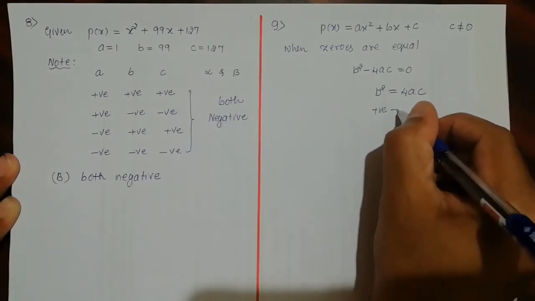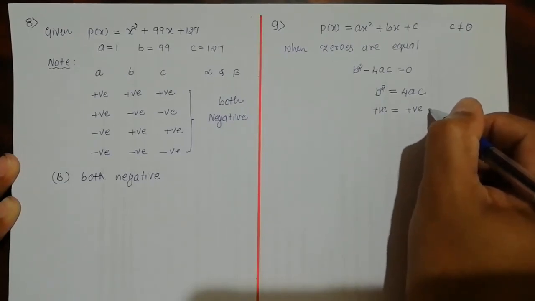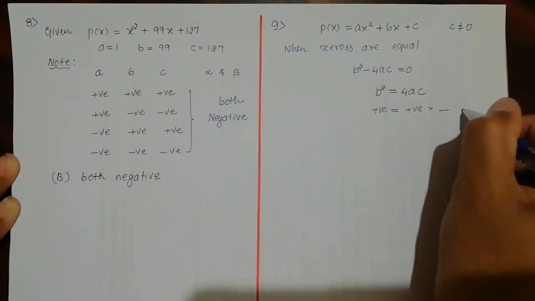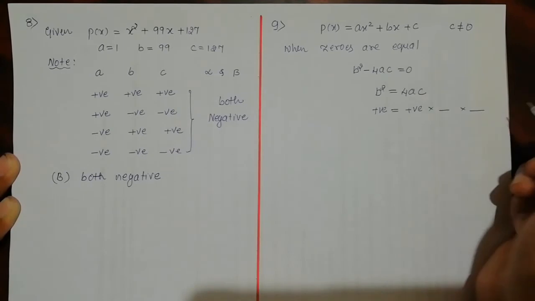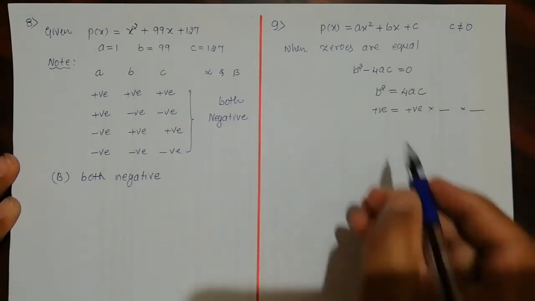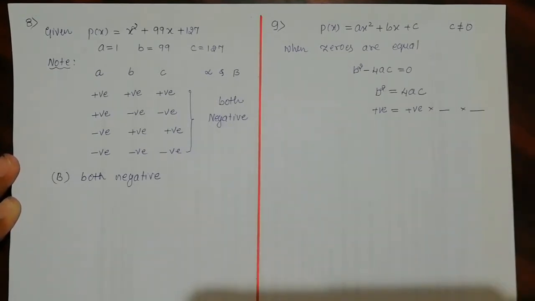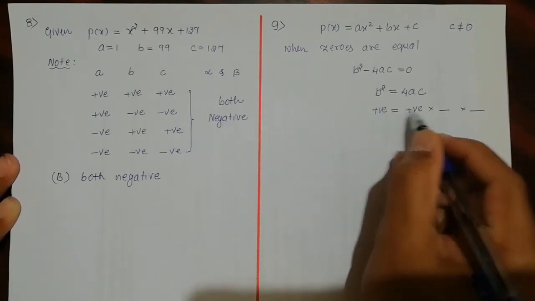Left hand side is actually what? Positive. Now look at the right hand side, 4 is positive. Now we need to judge what will be the signs of a and c. Left hand side is positive, means right hand side should be positive, because left hand side is equal to right hand side.